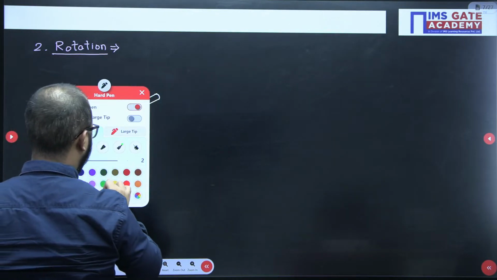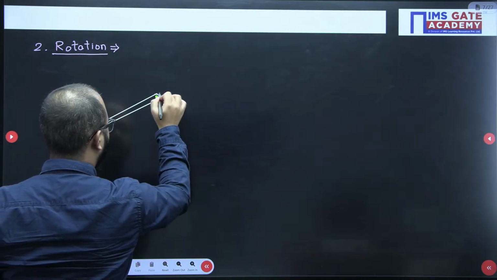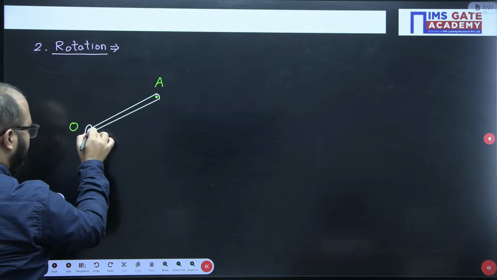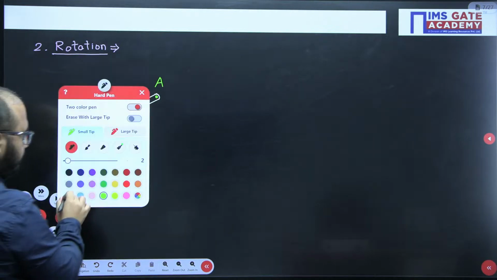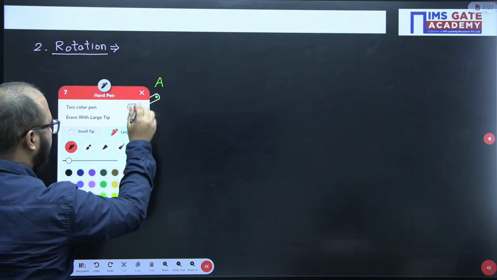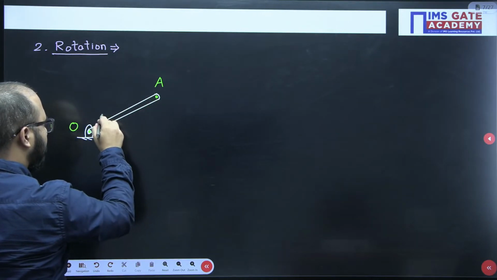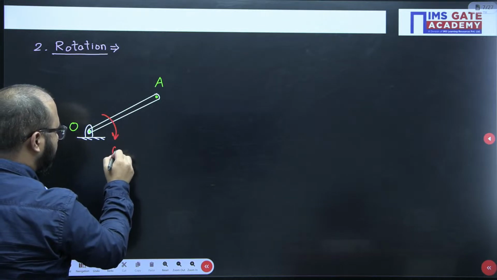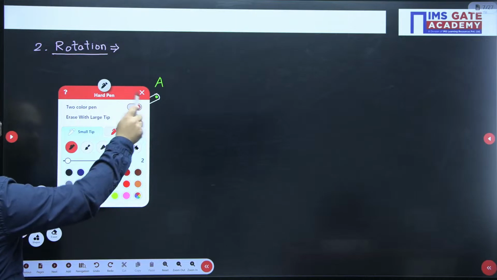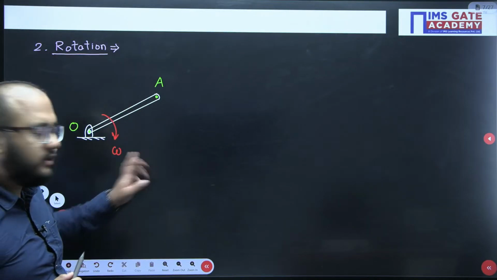Now this is point A, this is point O. And one important thing is that it is rotating with angular velocity omega.